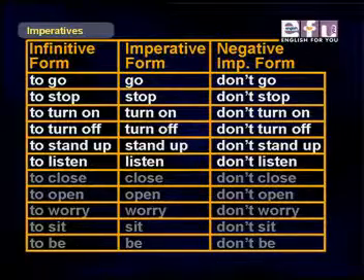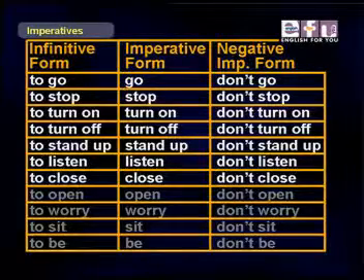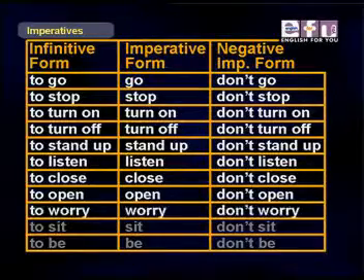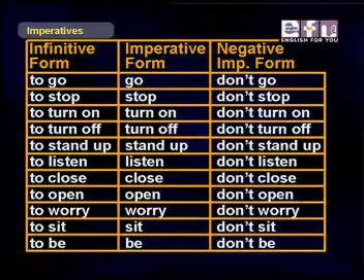To listen is listen or don't listen. To close, don't close. To open, don't open. To worry, don't worry. To sit is sit or don't sit. To be becomes be or don't be.